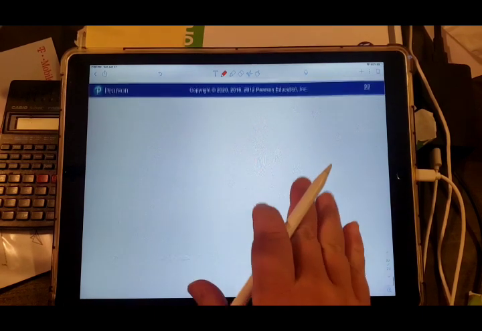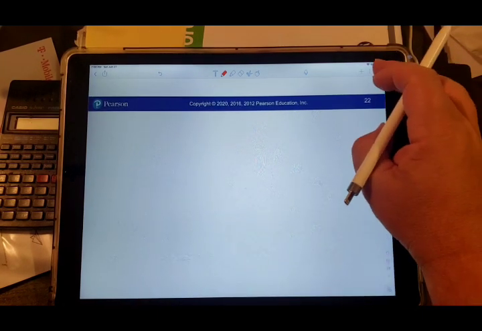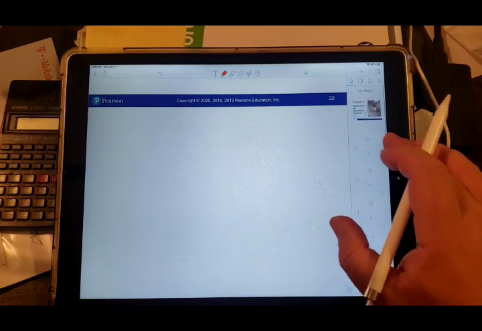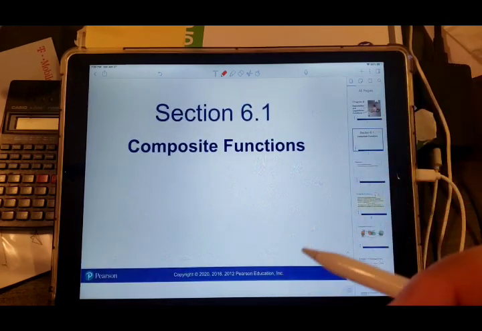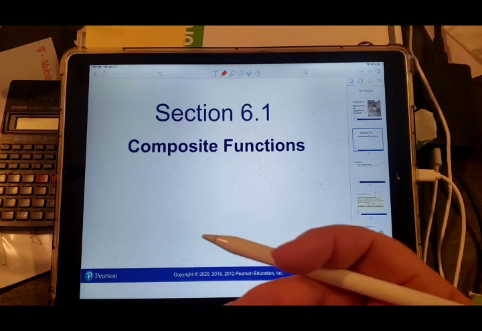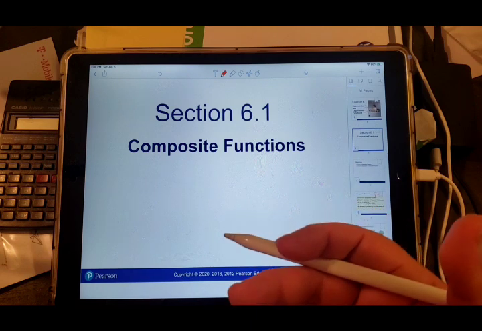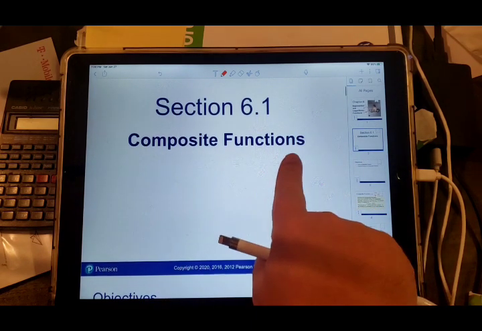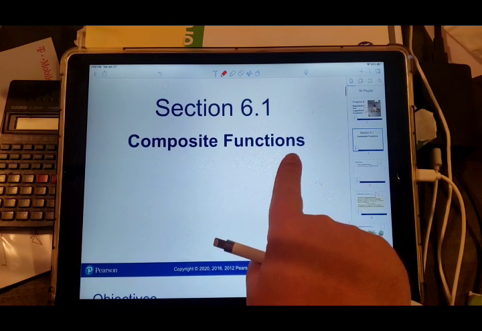I can't really think of anything I want to add to this section. But section 6.1, composition of functions, the only thing I'll add is it did kind of brush by the idea of inverse functions, because that's why it's here. In other words, if they just wanted to talk about composition of functions, they would have put this in chapter 2.